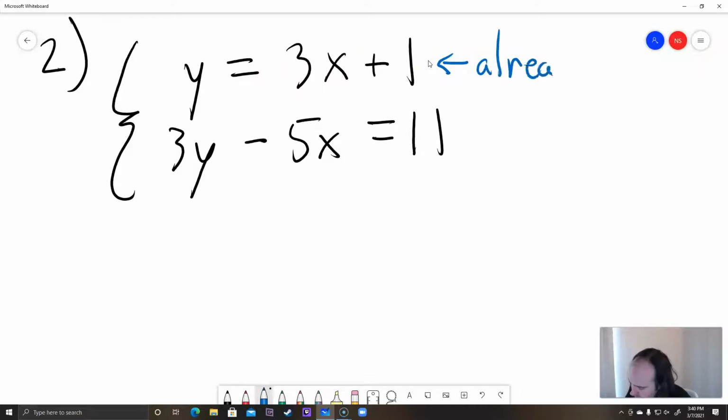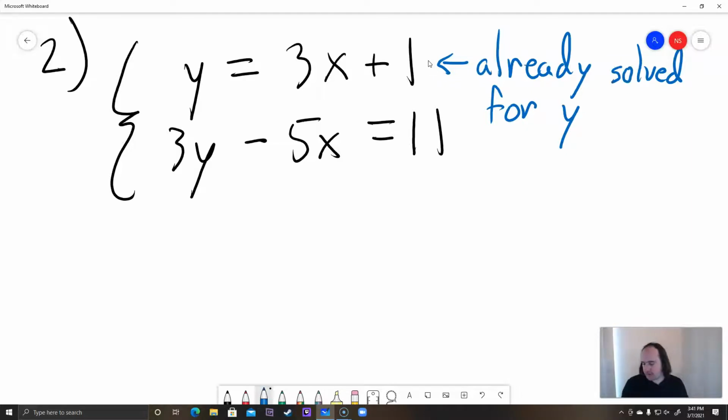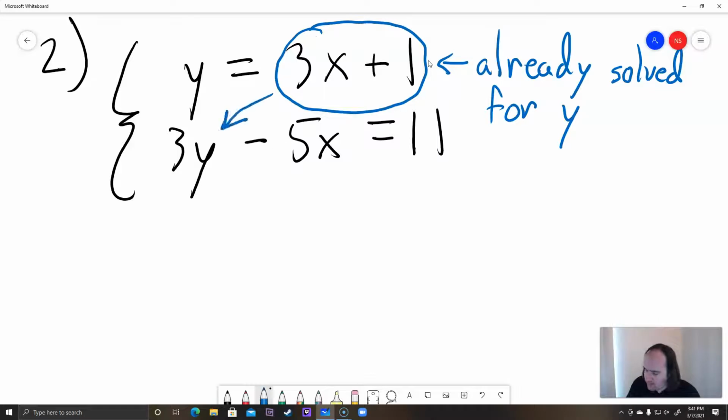So that's the one we want to use here. On the last problem, it happened to be x that it was solved for. This one is already solved for y. So we're going to substitute, or plug in, 3x plus 1 in for y in the other equation.